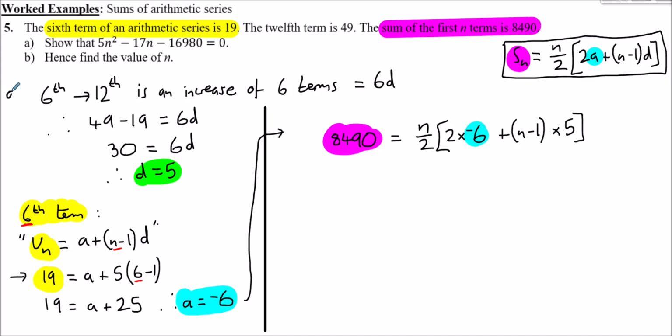By the way, this is part A, I should say. So the common difference is 5, that's where this 5 comes from.